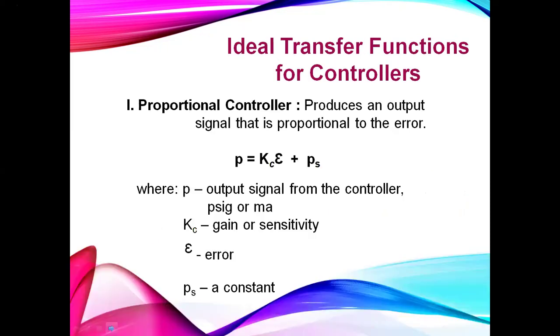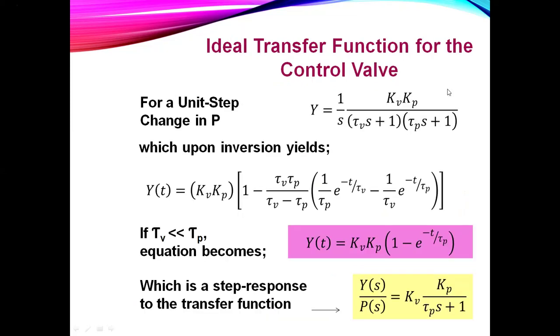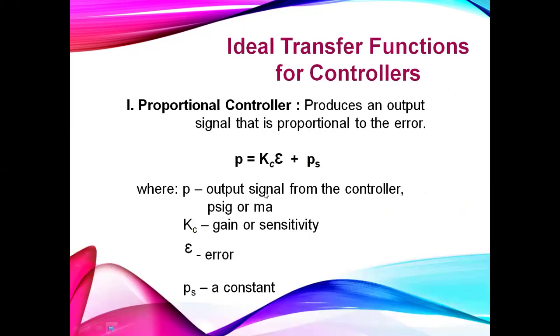Now let's go to the types of controllers. So we have this particular control valve process y of s and its corresponding response to a step input. Now we'll go to a different topic, still under controllers. We have proportional control, proportional integral control, proportional derivative control, and proportional integral derivative control.